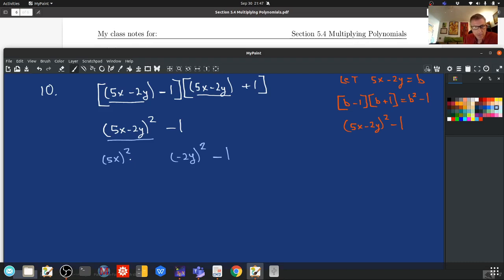So that's minus 20xy. So 5x squared is 25x squared minus 20xy minus 2y squared. Minus 2 times minus 2 is plus 4. Y times y is y squared minus 1.